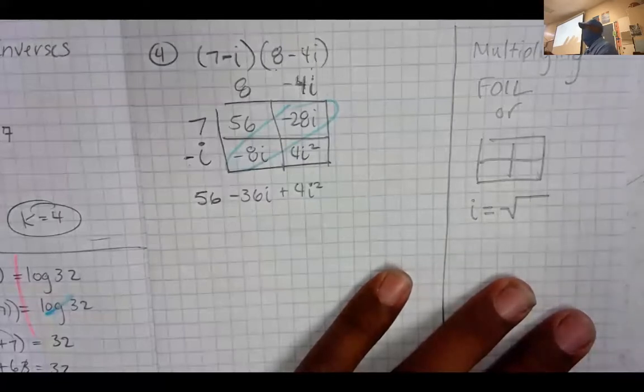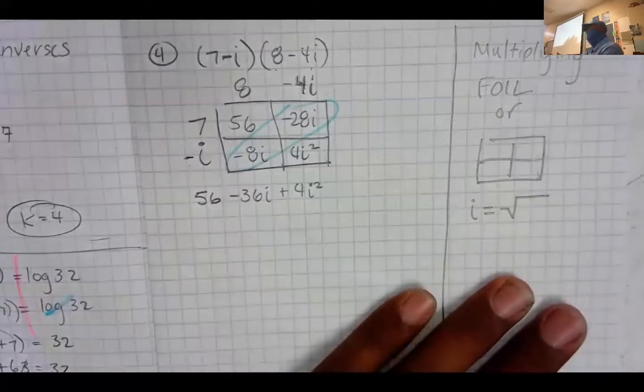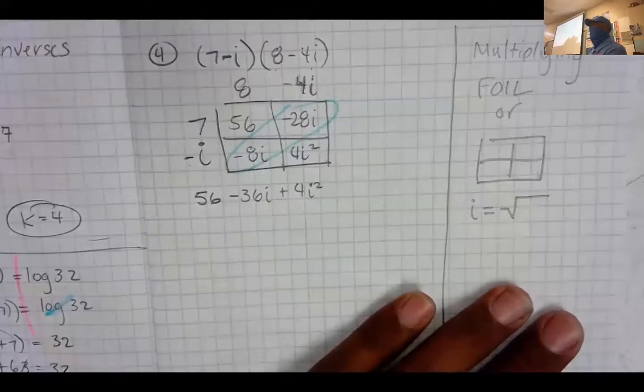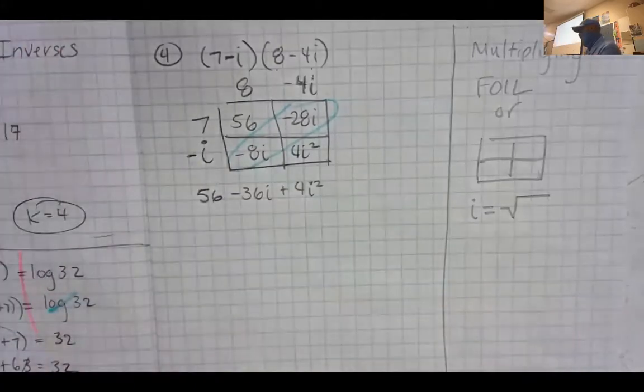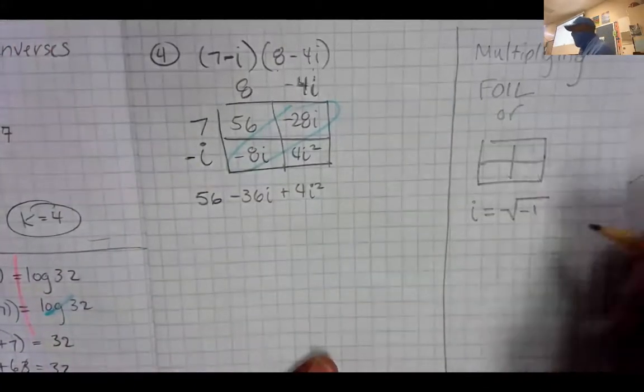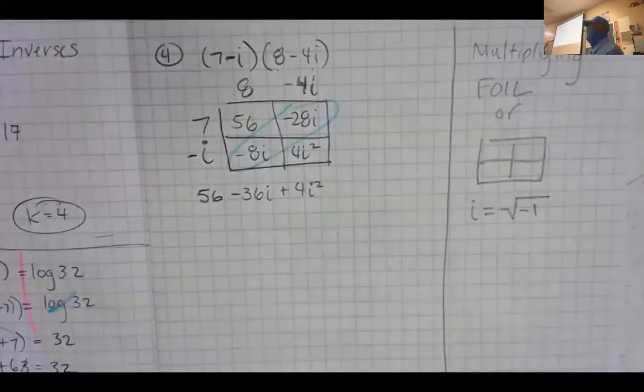Negative numbers. If I took the square root of 9, that's 3, because 3 times 3 is 9. But if I do the square root of negative 9, there's not just one number I can multiply twice, because in order to get a negative, one has to be positive, one has to be negative. So it can't do negatives. So for an imaginary number, i is equal to the square root of negative 1.